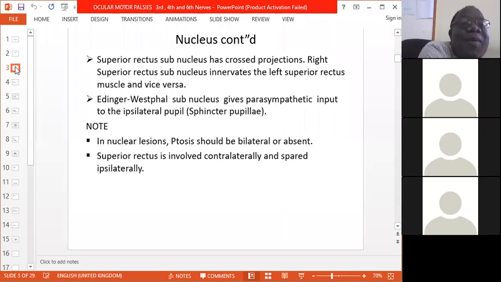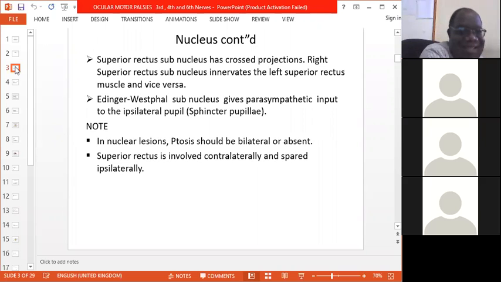So what's the problem? The right superior rectus subnucleus innervates the left superior rectus muscle and vice versa. So even when you blink, this one is supposed to blink if the muscle which innervates this one is coming from the other side. It will innervate this one also so that the eyes blink together.